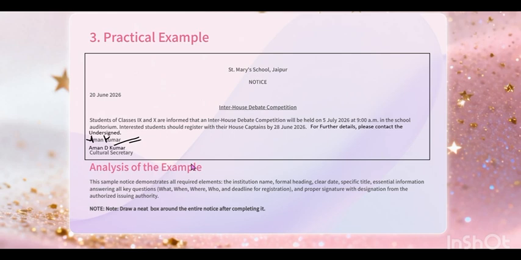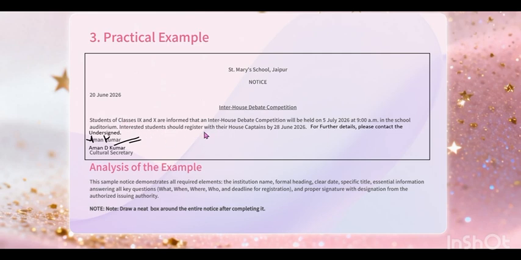So you can see that this body and this whole notice is able to answer the questions very clearly. What is it? It's an inter-house debate competition. Who is the targeted audience? Students of classes 9th and 10th. When is it going to happen? 5th of July. Timing is also given, 9 a.m. Where?